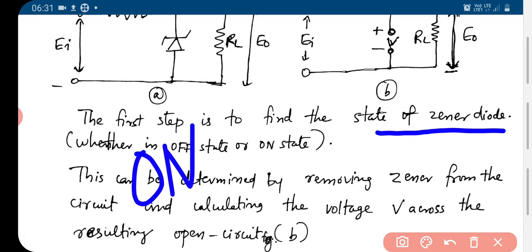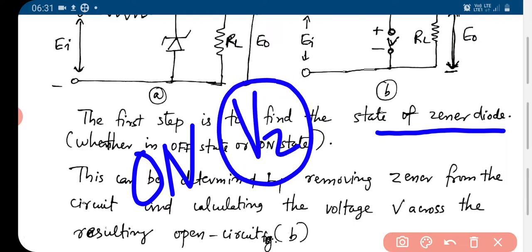It gives a constant voltage Vz across it when it is in the on state. In the off state, it will not be conducting current, and we will not get anything across the Zener.